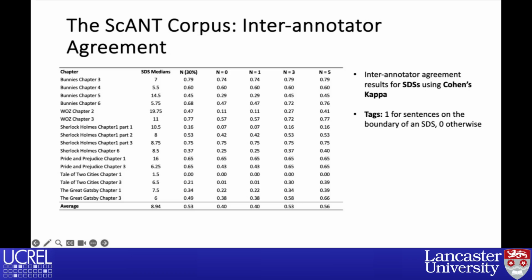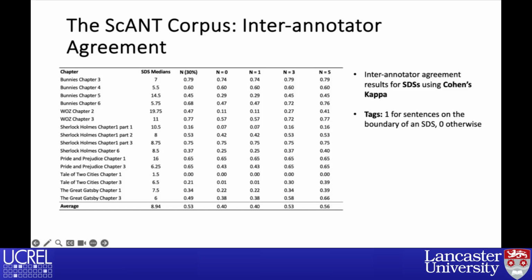And here we have the agreement scores according to Cohen's kappa. We tested the kappa score according to different measures. For example, when we say n equals 0, we mean an exact match.